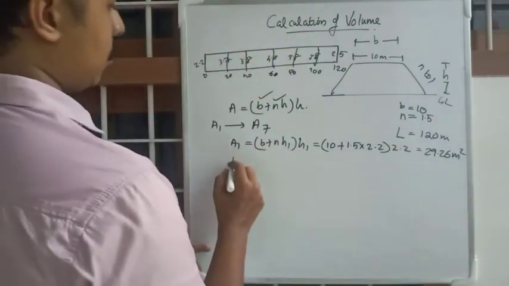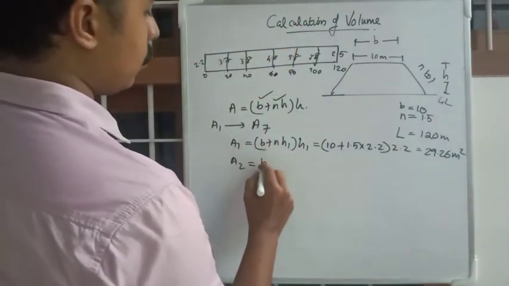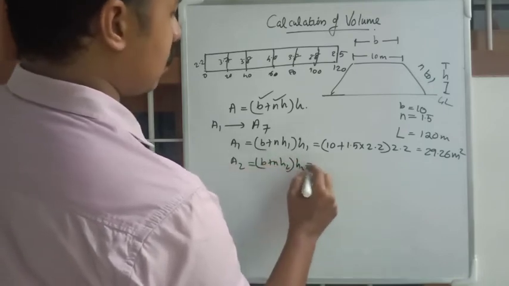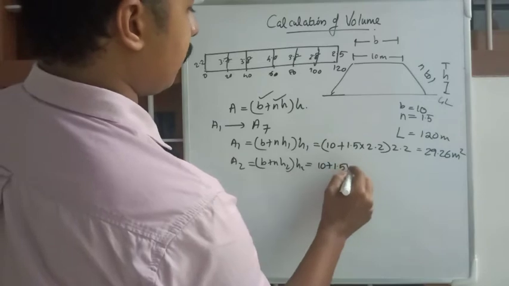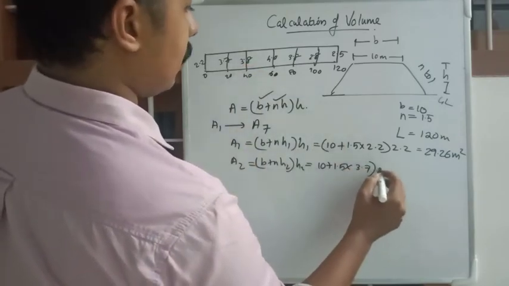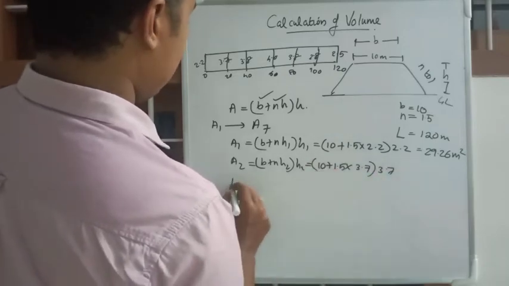A2 is equal to 10 plus 1.5 into 3.7 into 3.7.